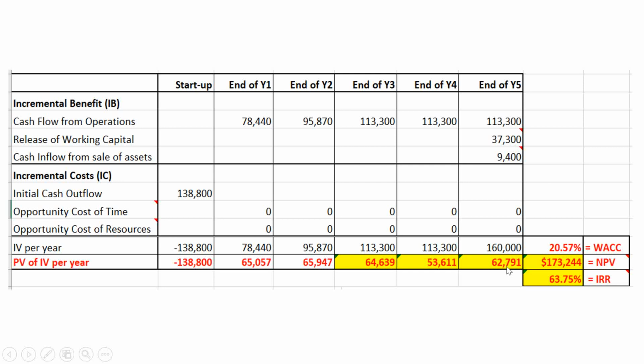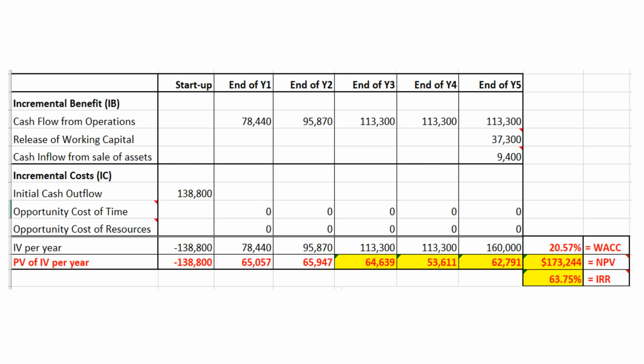So finally the net present value is, you calculate how much you can borrow against this, how much you can borrow against this, you add all this, and you find that is 170,244 more than what you need. So that is the net present value.